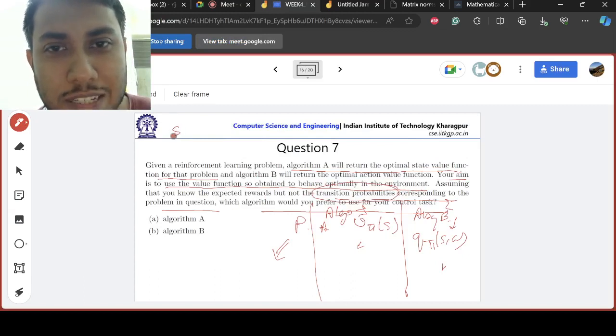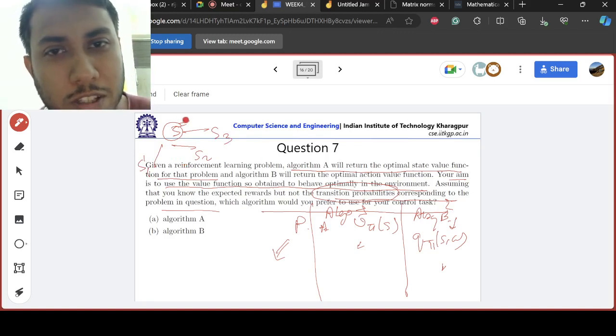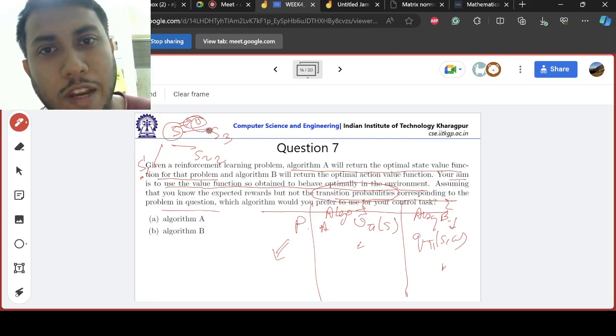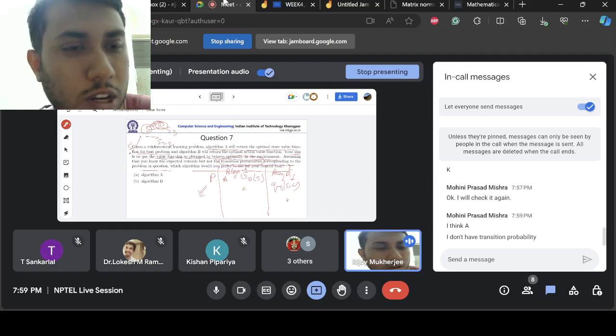So suppose you are at state S, and there are three states you can go to: S1, S2, and S3. How do you know which one to go to? You have the value for each state with algo A, but you don't know which state to go to. You don't have the transition probability.